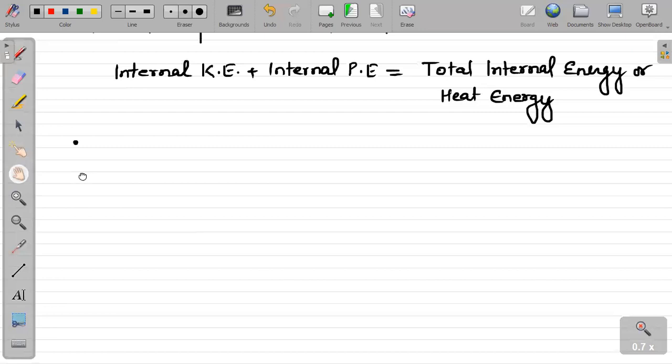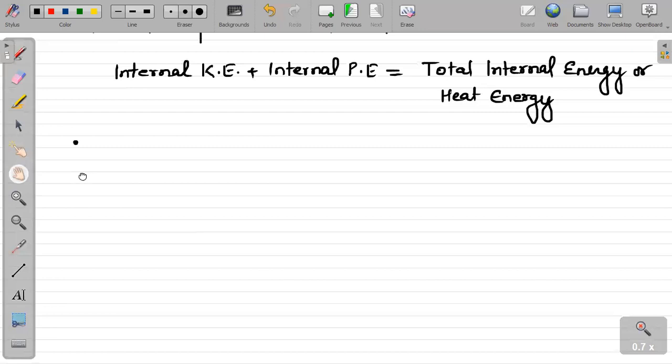So thus heat is internal energy of a substance. Heat is internal energy of a substance. It is measured in unit joule, symbol capital J.